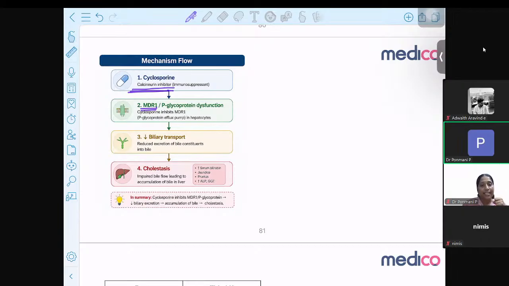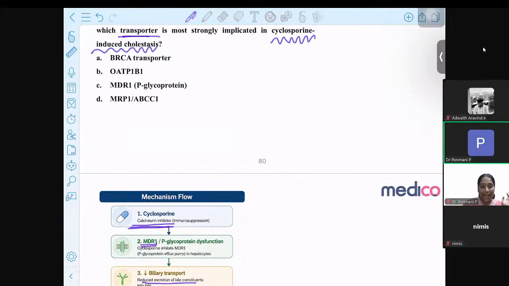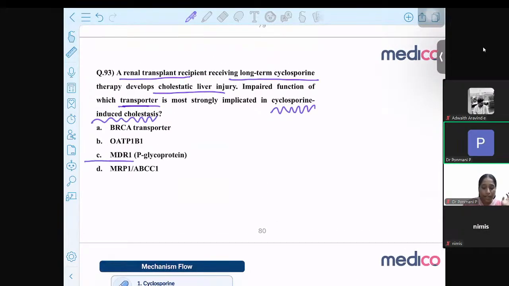Since this is inhibited, there will be reduced excretion of the bile constituents into the bile, and there is going to be stagnation of bile, impaired bile flow, and hence cholestasis occurs. Hence the answer here is MDR1. It is a very direct question. Please remember, it is not MRP1, it is MDR1.